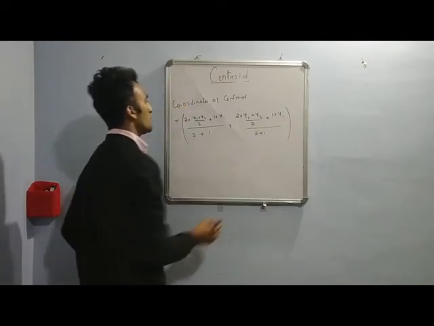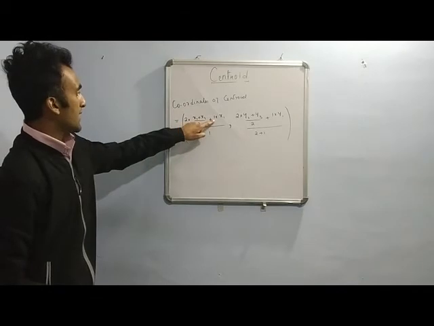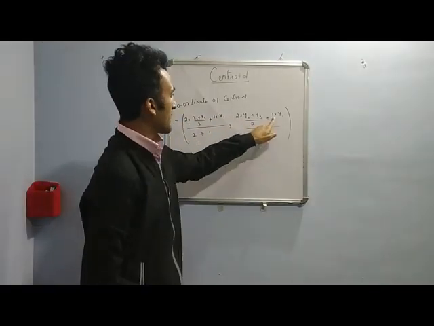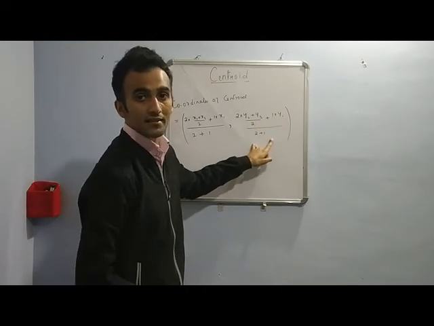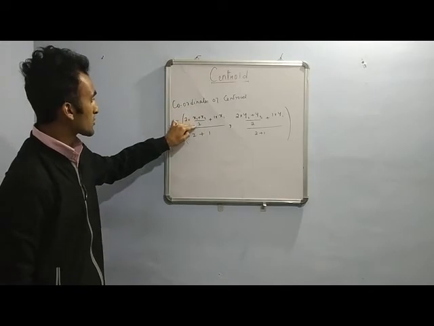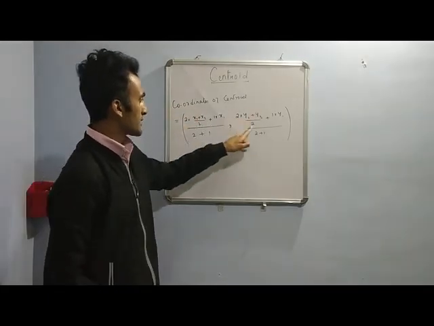Remember, I'm using the section formula, so first of all you have to be clear with the section formula. See, mx2 plus nx1 divided by m plus n, my2 plus ny1 divided by m plus n. Remember that formula I am relating. But our x2 is this and our y2 is this. That's why it looks like this.